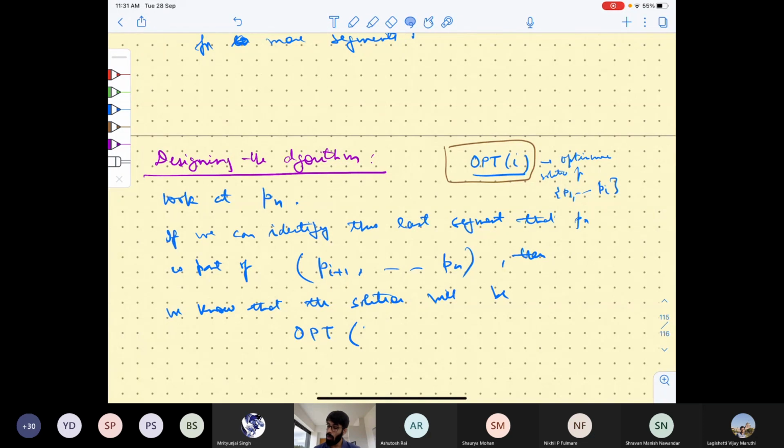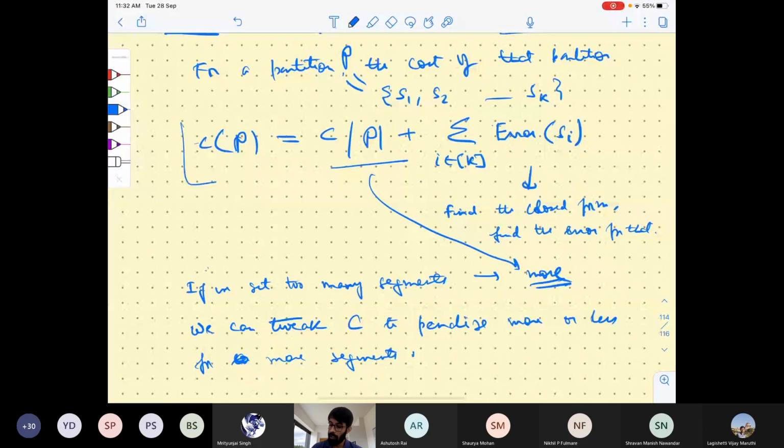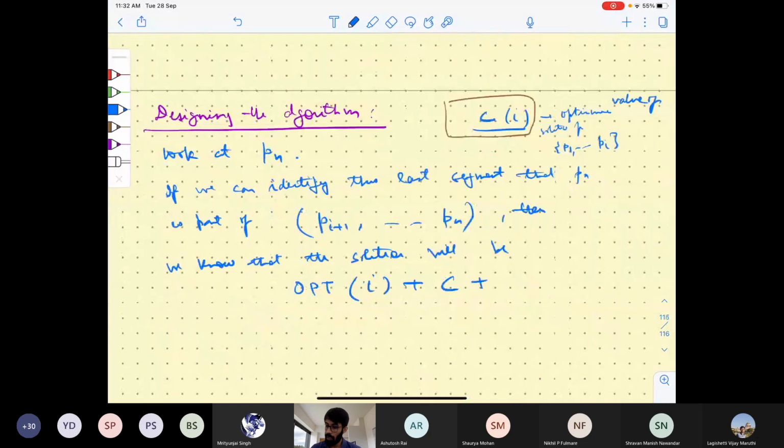All right. So now what will it be? Opt of i plus C plus... So again, this is the value of the optimum solution. I've written opt of i, but this is the value, the cost. So let's call it cost of i itself because we want to be consistent.